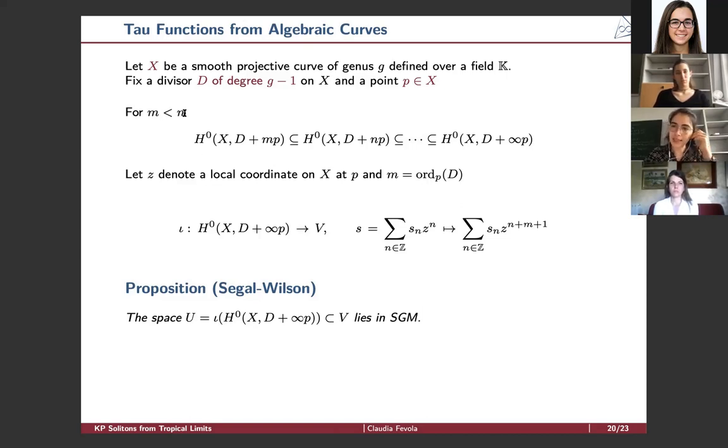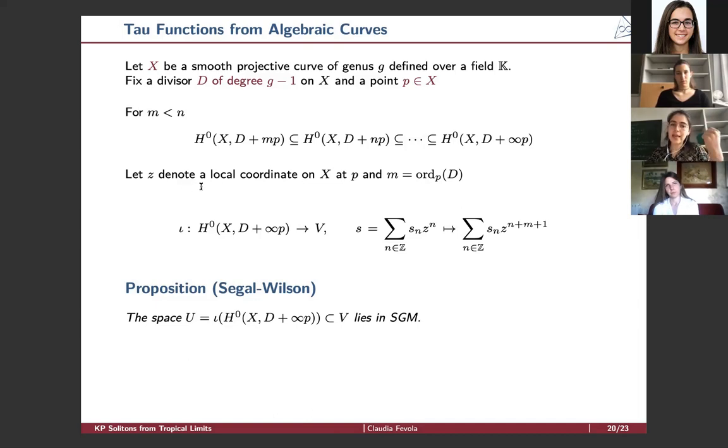For any m smaller than n, we have a sequence of inclusions of these Riemann spaces, in which we are allowing the functions over X to have poles of order at most m at P. And here we're not putting any limit on P.